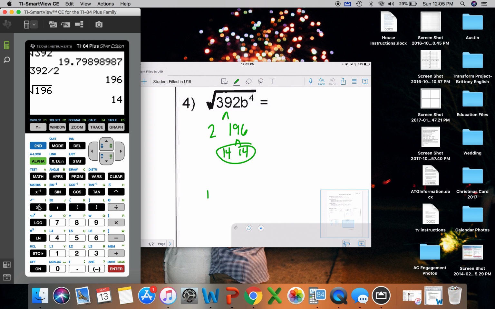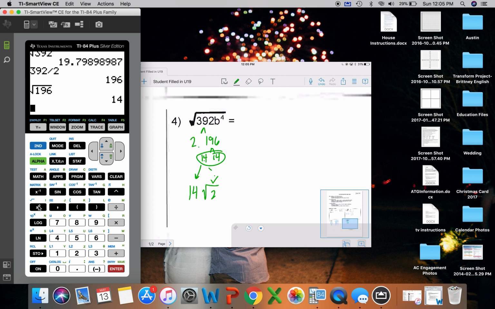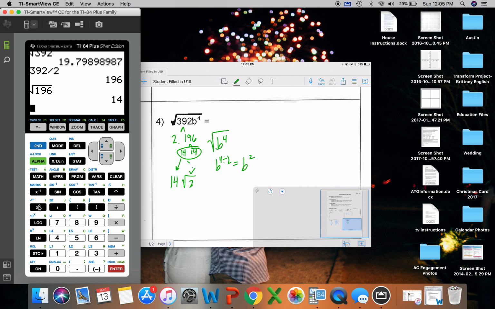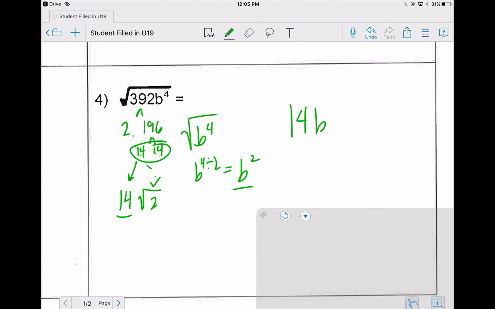So 14 will go outside of the square root. 2 stays inside by itself. And then when we have letters, we divide those exponents by 2. So 4 divided by 2 is 2. Remember, even numbers come out of the square root evenly. So I have a 14 out front and a b squared out front, and then a square root of 2, and that's the only thing left in the square root.